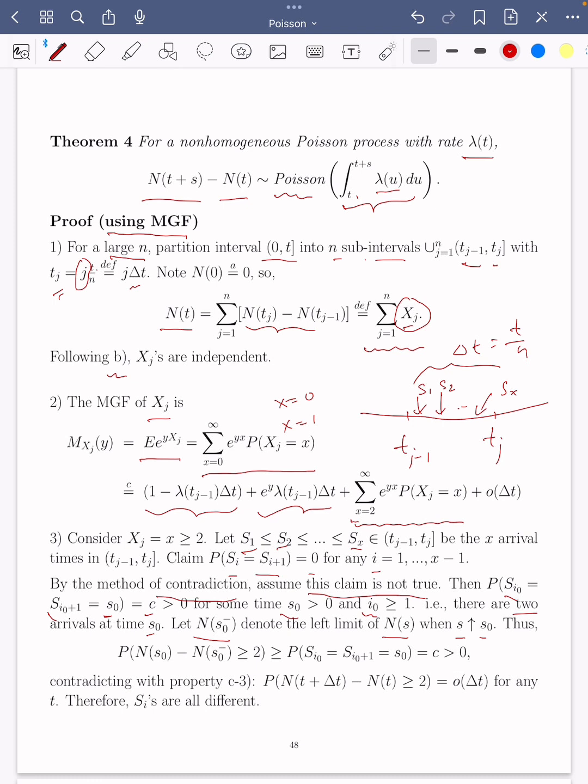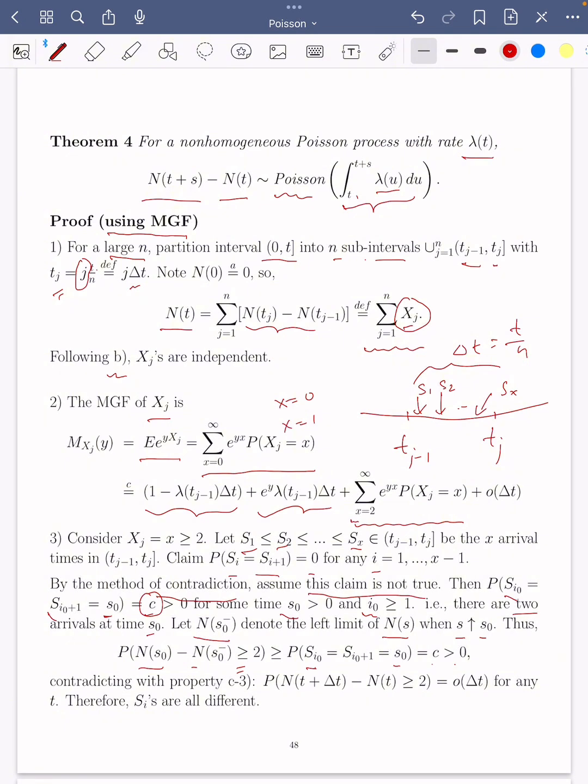And then we know that the chance that N(s0) minus N(s0 minus) is bigger than or equal to 2 should be bigger than or equal to the chance that S_{i0} equals s0 and S_{i0+1} equals s0. Also, this property, as we assume, is equal to the number c, and also bigger than 0.